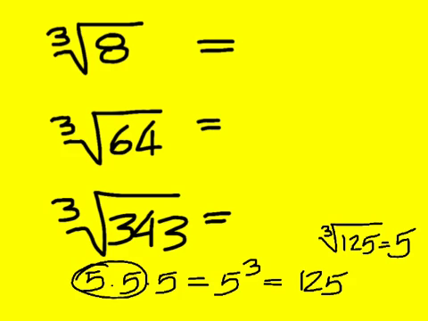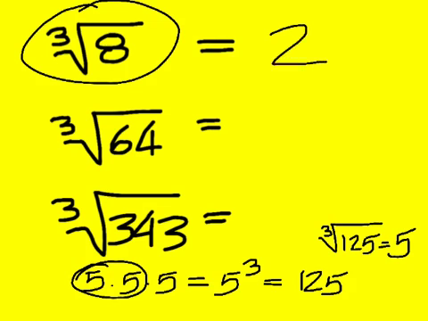So up here at the top, you have the cube root of 8. What number would I multiply by itself and then by itself again to get 8? Yeah, 2 times 2 is 4, times 2 is 8.